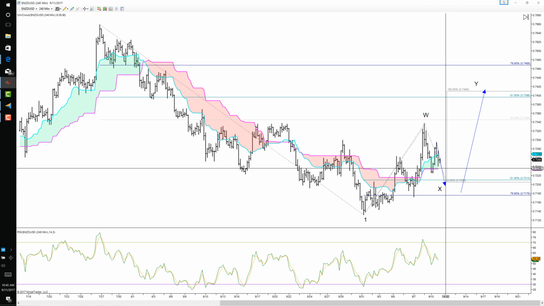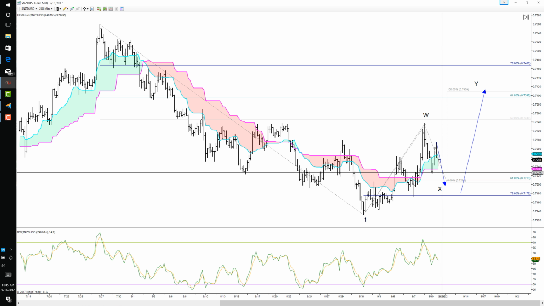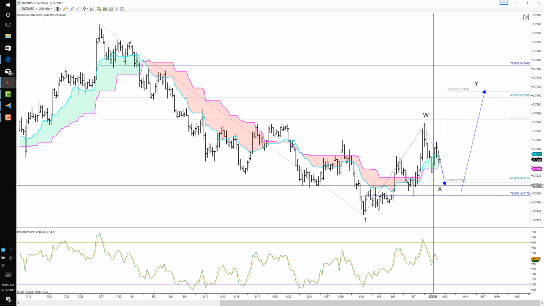And what I'll be looking for is it to break this particular Ichimoku cloud trend line. So once it breaks, if it in fact breaks the 72.35 level, then its next support level would then be 72.15.